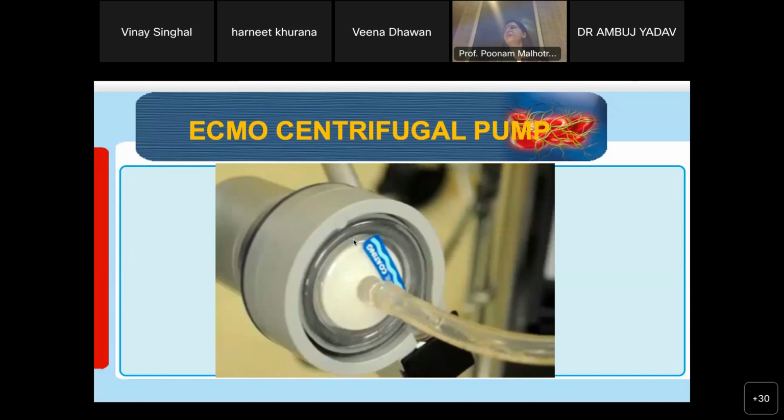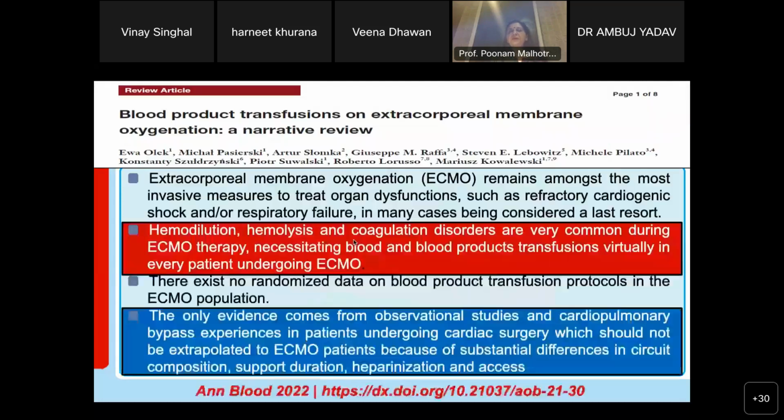But at the same time, better centrifugal pumps are coming on in the future, and I'm sure this hemolysis and bleeding that we talk of, because of this ECMO circuitry going on probably in a prolonged manner, would bring about better changes.